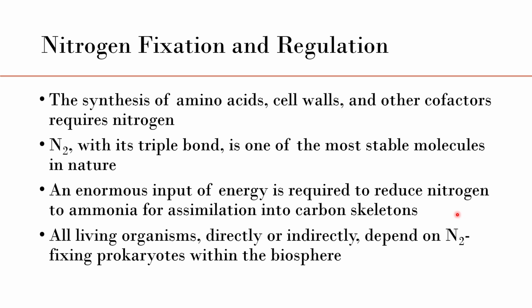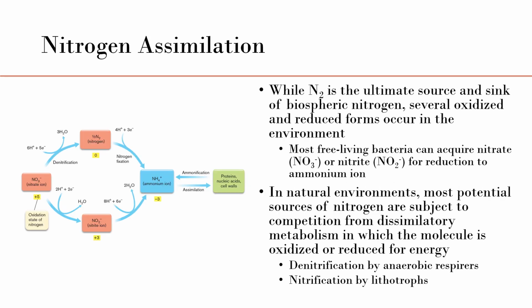Once we have broken down that nitrogen into a form like ammonia, it can then be taken up or assimilated by organisms and then used to create other molecules. This is an image of this happening here and the different forms that nitrogen can cycle through.